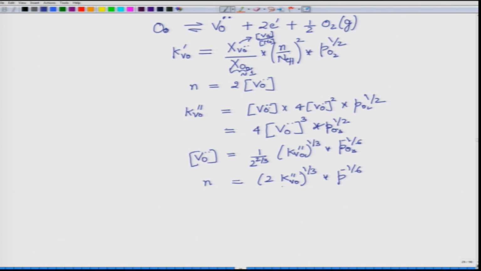Now, this is a constant, but this constant is also related to the formation energy and entropy, and therefore, it has something like this. So, some standard constant, and with respect to that this will be.